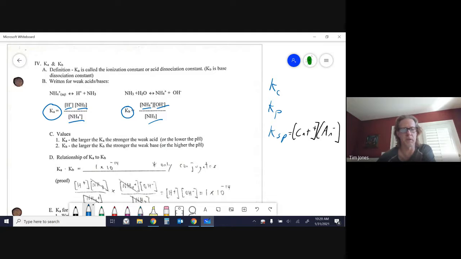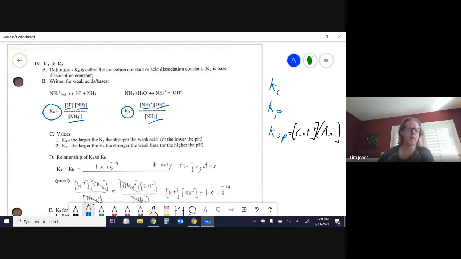There are exceptions, but this is almost always the case, and so it's nice that we have this pattern. So when doing Ka and Kb, if you notice that you've got, for example, one thing on the top of your fraction and two things on the bottom, you probably have it upside down.